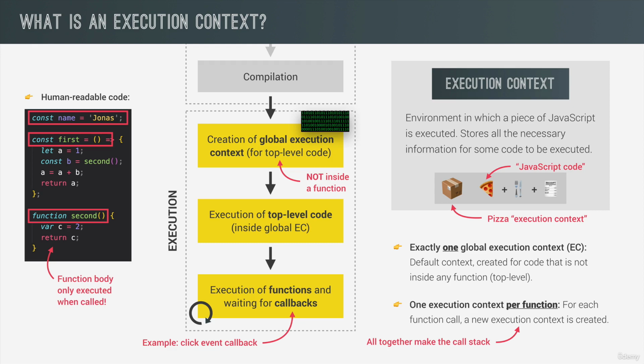Alright, so we know now what an execution context is, but don't really know what it's made of, so what's inside of it. And so let's find that out next. And the first thing that's inside any execution context is a so-called variable environment. In this environment, all our variables and function declarations are stored, and there's also a special arguments object.